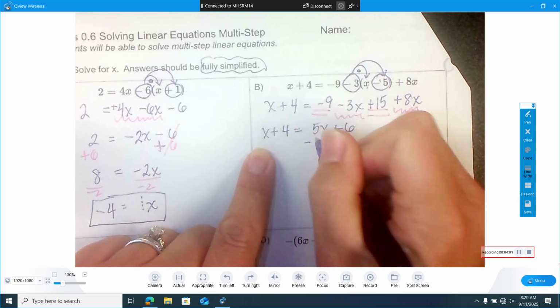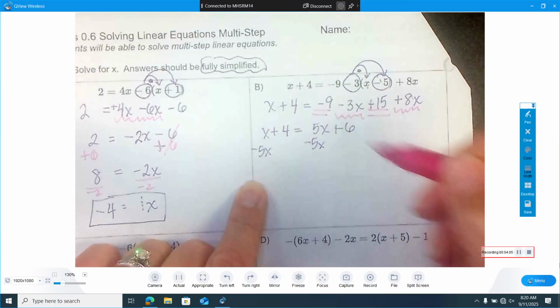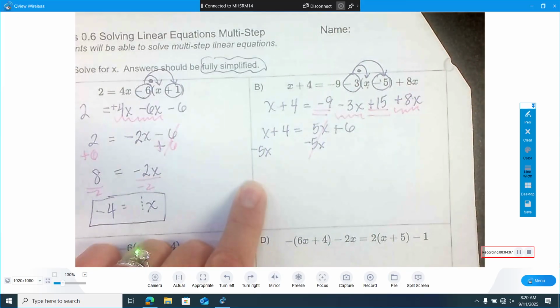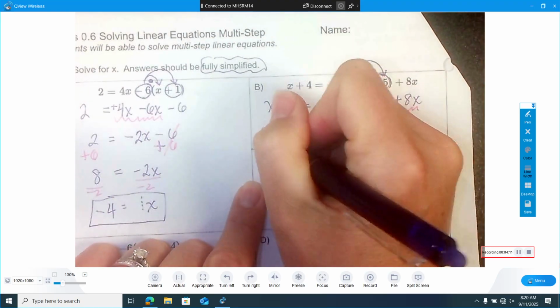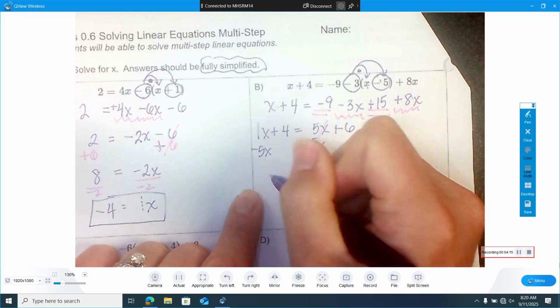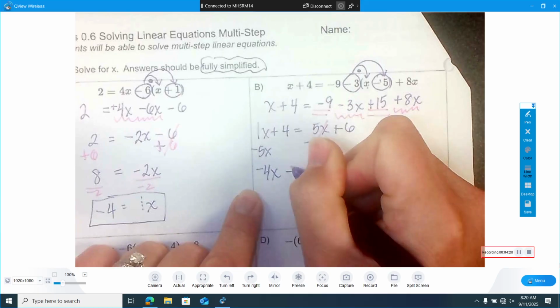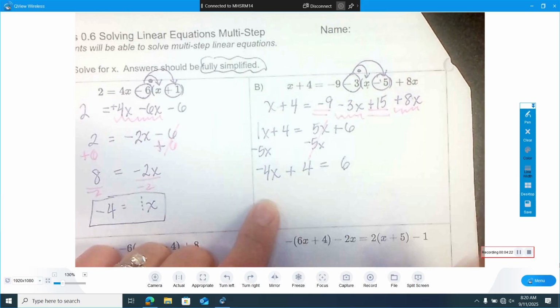So I'm going to subtract 5x from both sides. You don't have to do it this way, but that's the rule I follow just to make life easier. All right, 1x minus 5x's is? There we go. -4x's plus 4 equals 6.